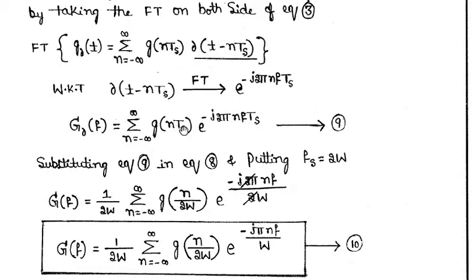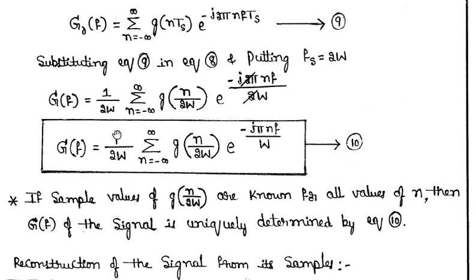Here you can see Ts is 1 by fs, and 1 by fs is given as 2 times W. Similarly here also you substitute Ts equals 1 by fs, and fs is 2 times W. When you do that, the numerator and the denominator, which has a component 2, will get cancelled, and you will be left with the expression G of f equals 1 by 2W summation n equals minus infinity to plus infinity g of n by 2W e to the power minus j pi f n by W. Now you got the expression for G of f.